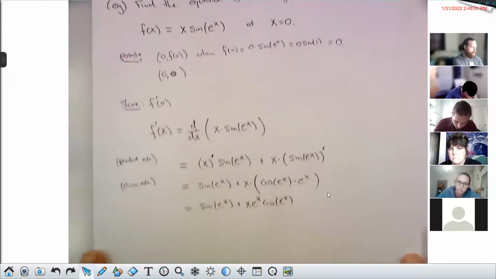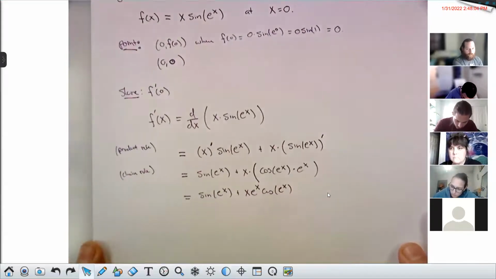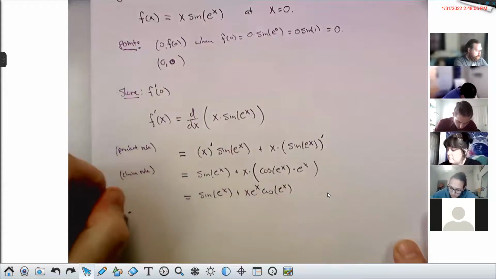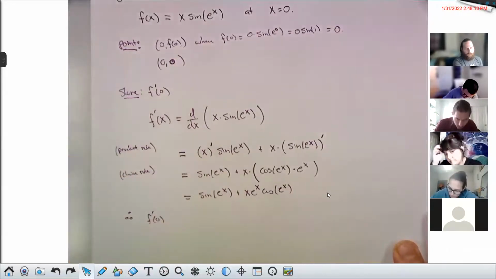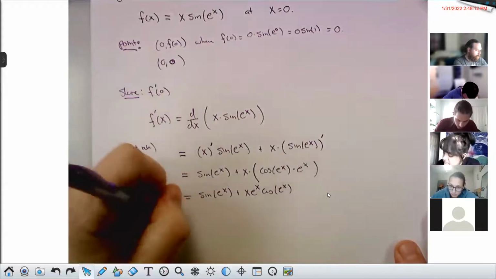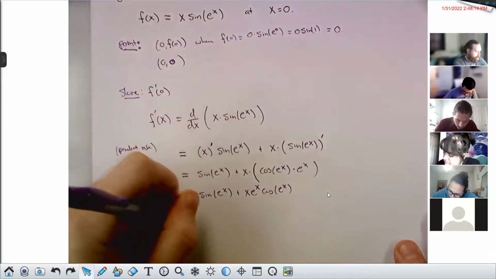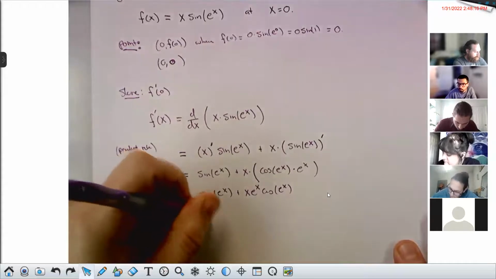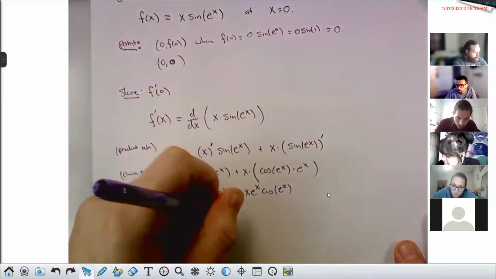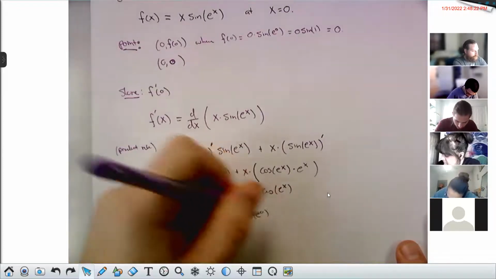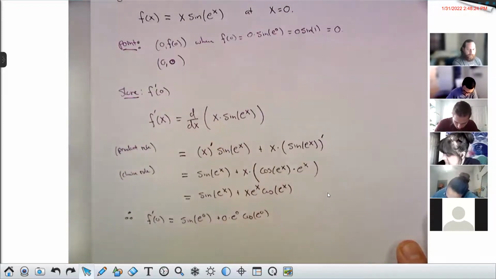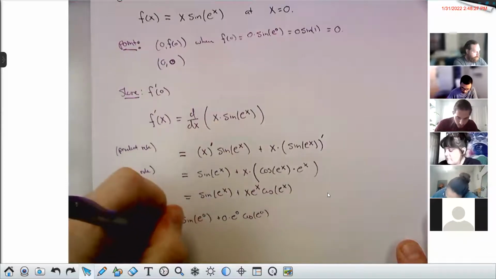So we've used the product rule in the first step and the chain rule in the second step. Now I'm ready to cook up my slope, which I know is f prime of 0. So I'm just going to plug in 0 for x. That would be the sine of e to the 0 plus 0 times e to the 0 times the cosine of e to the 0. E to the 0 is 1.